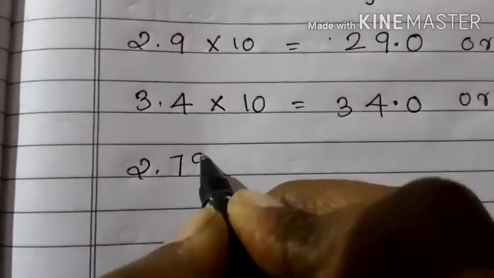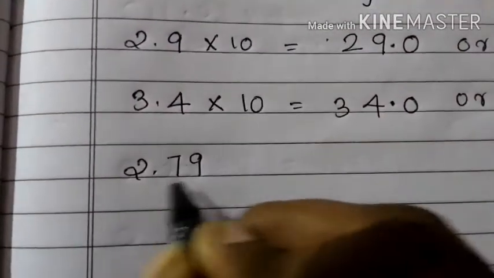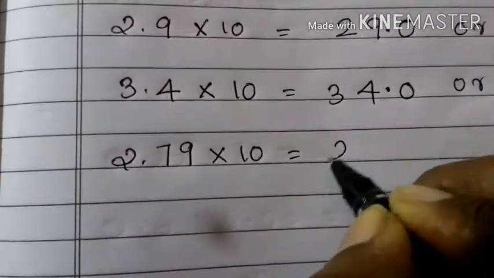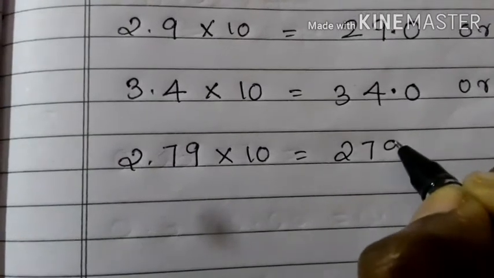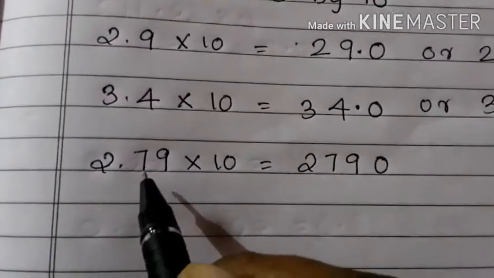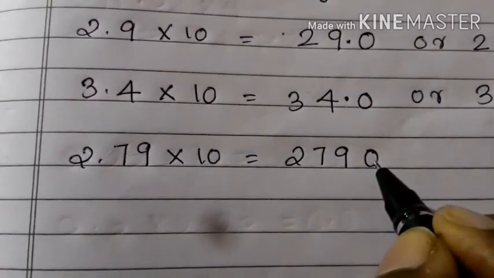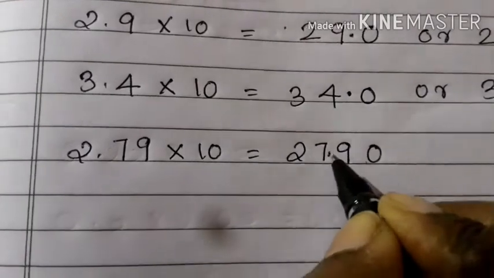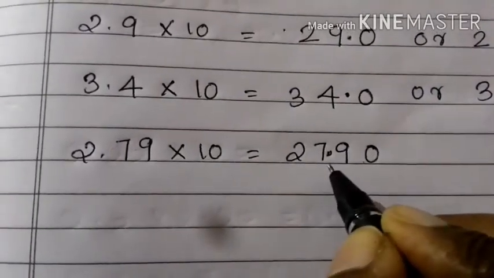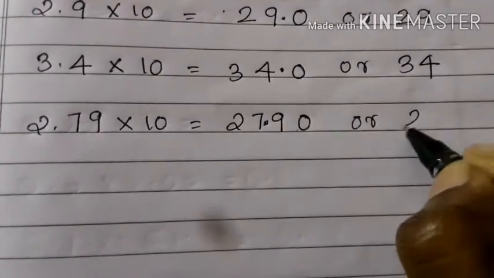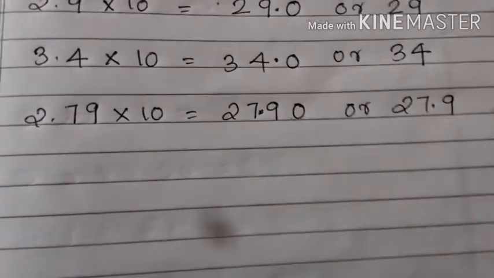Another example, 2.79 multiplied by 10. 2790. So here 2 digits. So the product 1, 2. Decimal point 27.90, or it can be written 27.9.